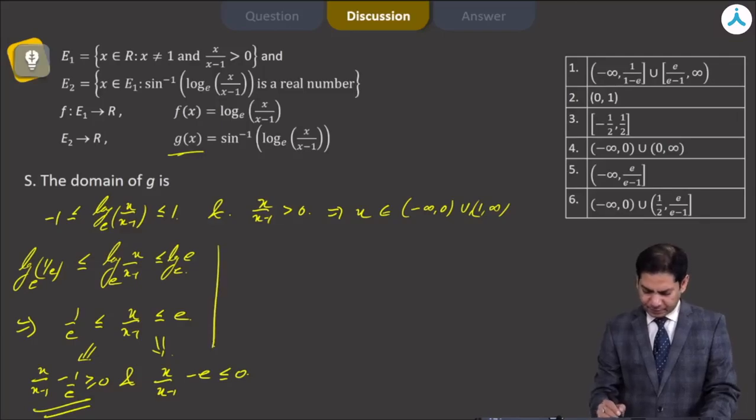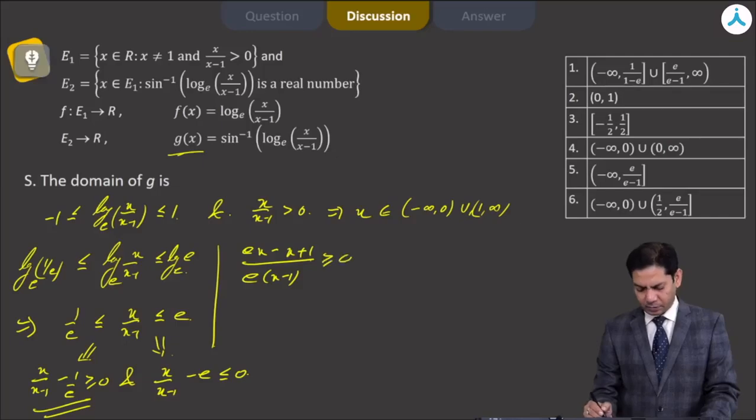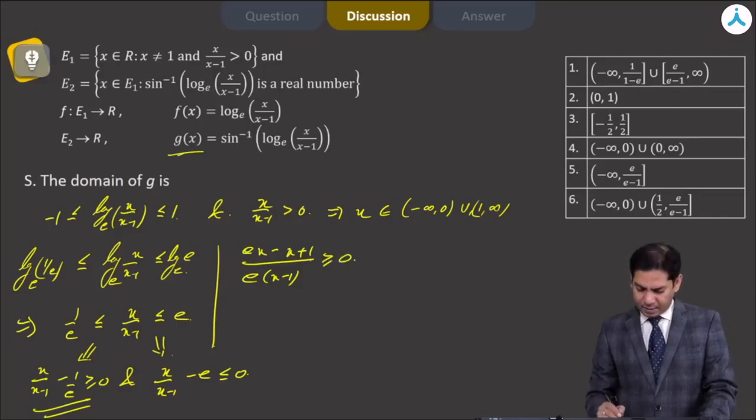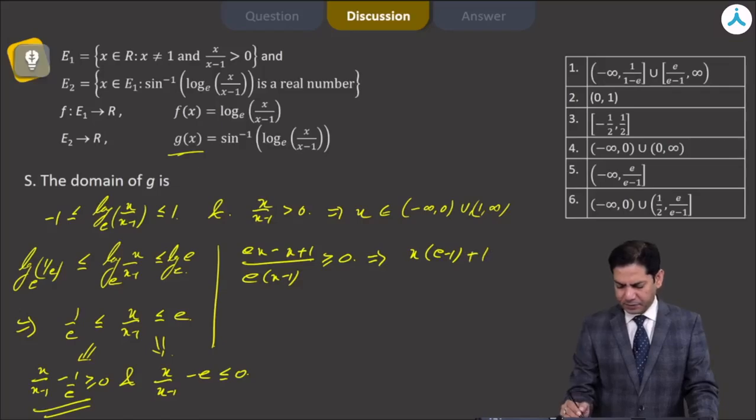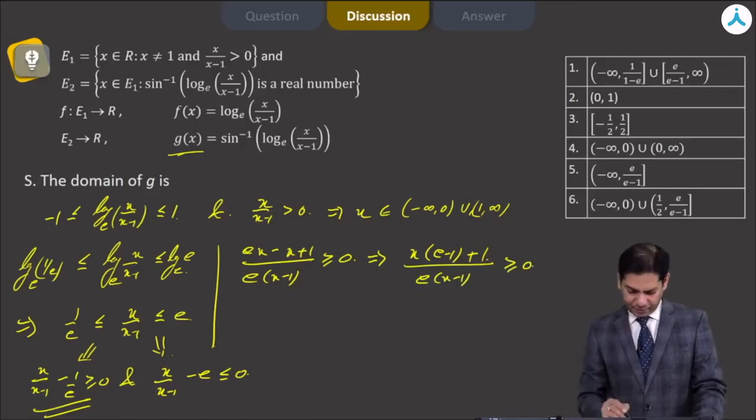This is ex minus x plus 1 divided by e into x minus 1 greater than or equal to 0, and that means x into e minus 1 plus 1 divided by e into x minus 1 should be greater than 0.